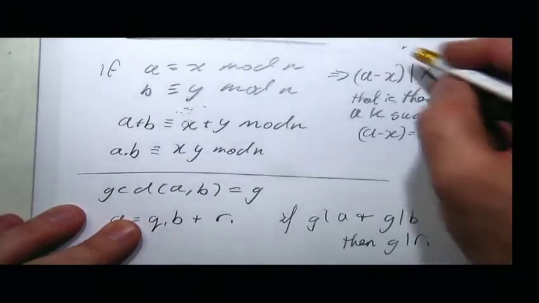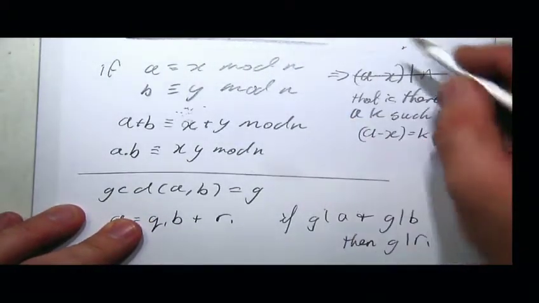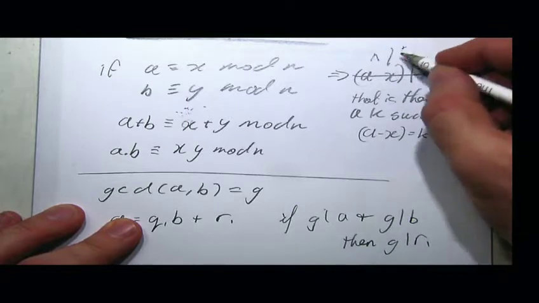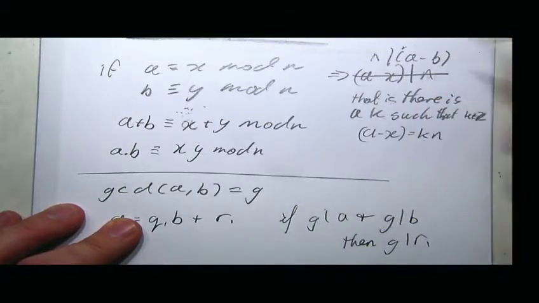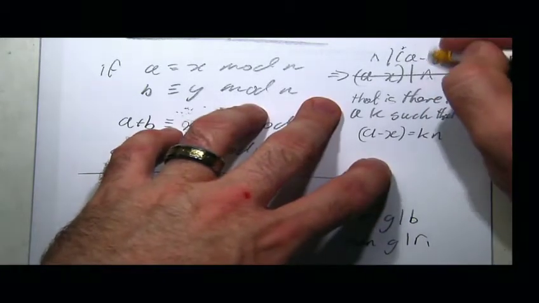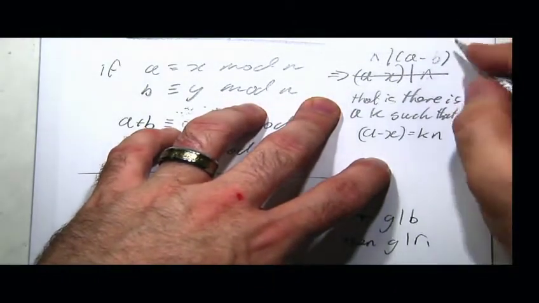Check. Yeah, so we're going to go back up here, and this should be the other way around. M divides A minus B, A minus X. Alright, my apologies for that.